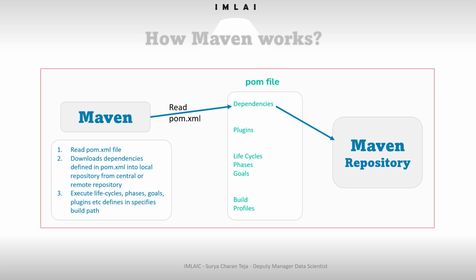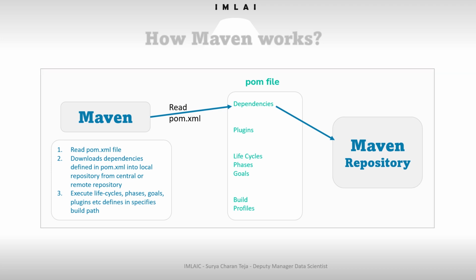Then we'll see what a plugin is. Build plugins are used to perform a specific goal. You can add a plugin to the POM file, that's the pom.xml file. Maven has some standard plugins you can use, and you can also implement your own Java plugin.